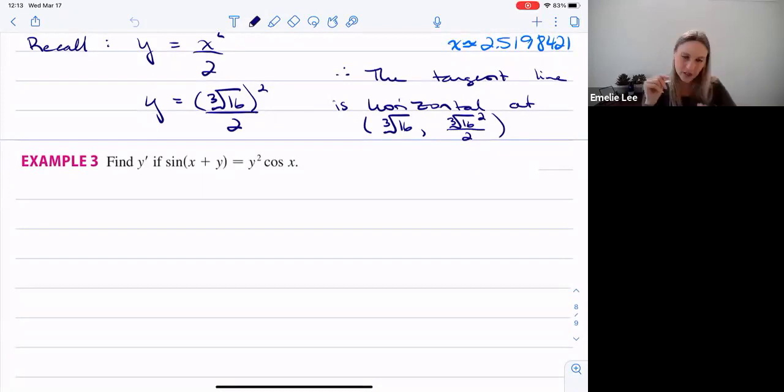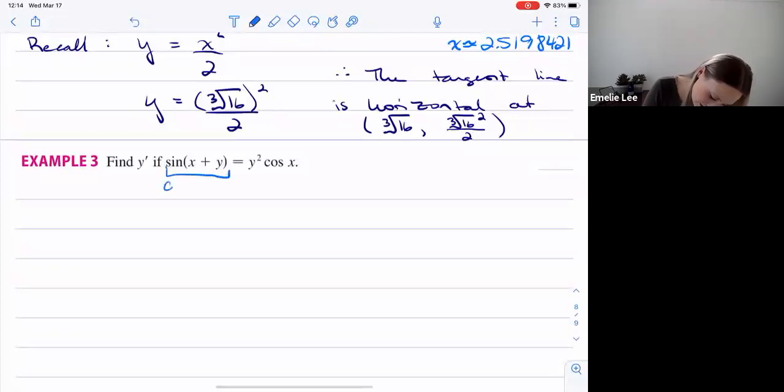What's nice is if you take a step back and break it down, just to remind yourself what rules you have to use. Here, the sine of x plus y, there's a y inside, but there's also a chain rule because you have x plus y inside the sine function. In fact, there's a chain rule inside a chain rule, because y also has a chain rule.